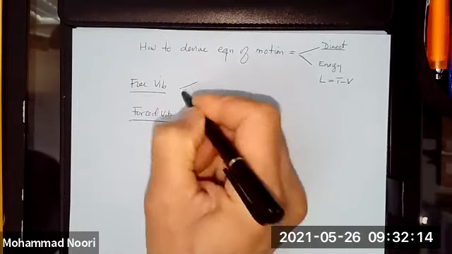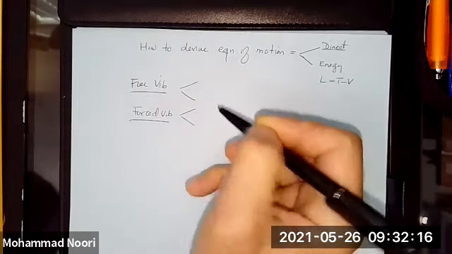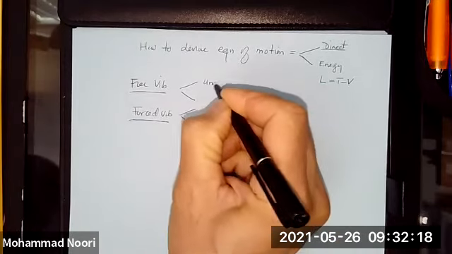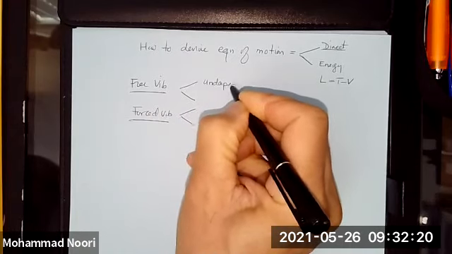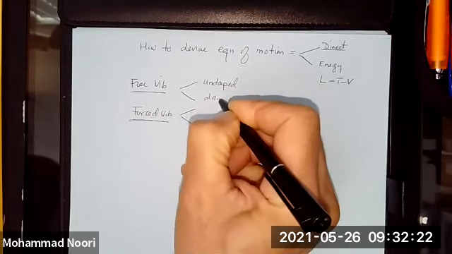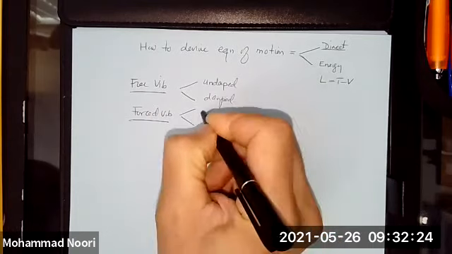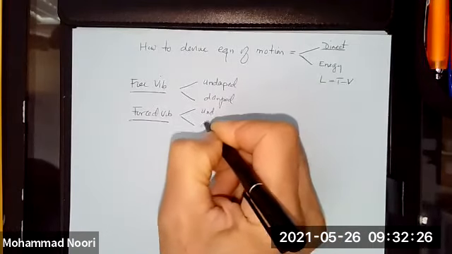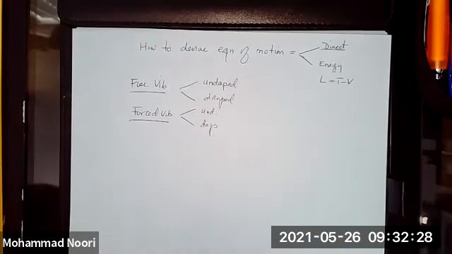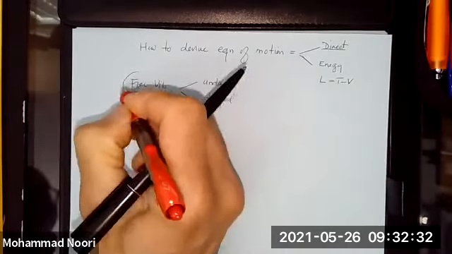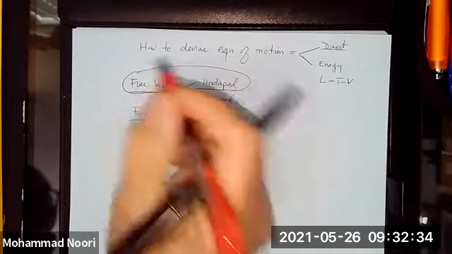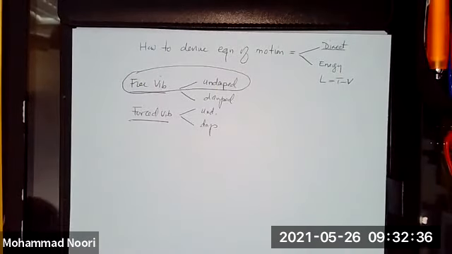And in each case, we categorize to undamped and damped systems, okay? So we have four cases that we want to study, and we started with this free vibration of undamped systems.